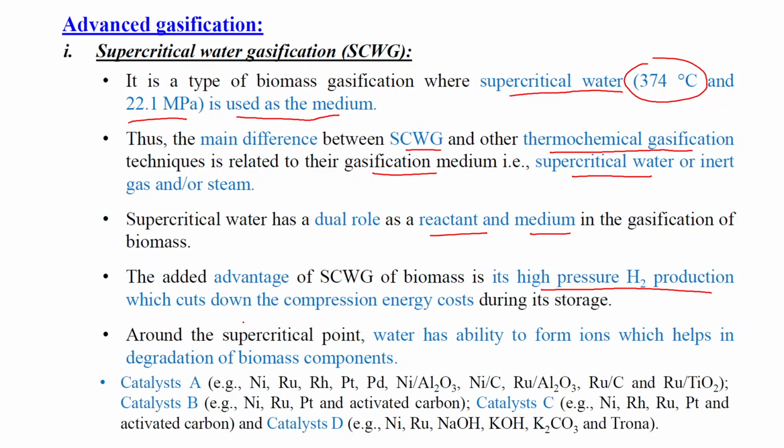As I told, to store hydrogen we need to compress it to condense it to a liquid state. Here the gasification already takes place at a higher pressure, so the cost required for compression is not required. That is also a boon here.